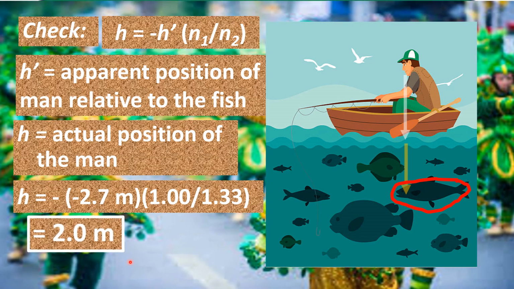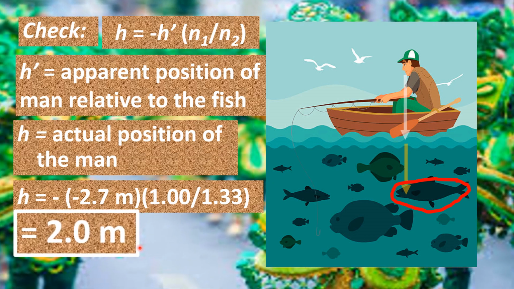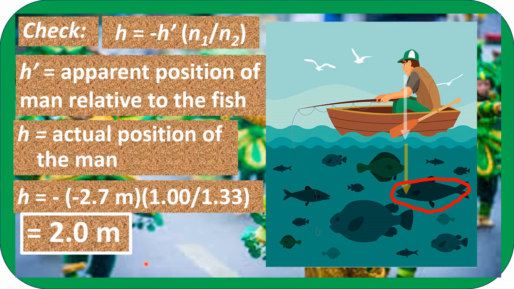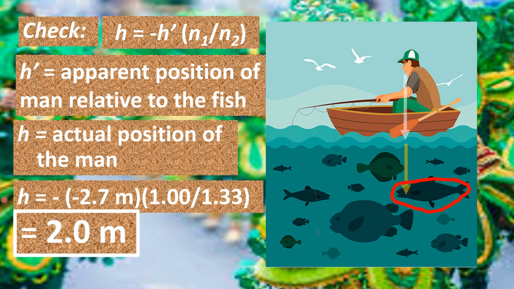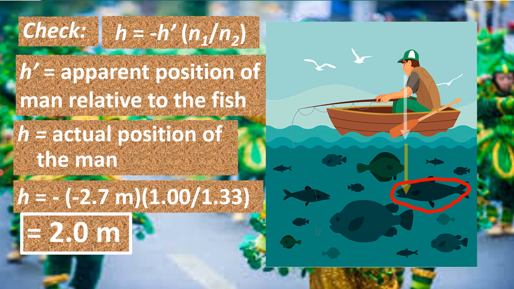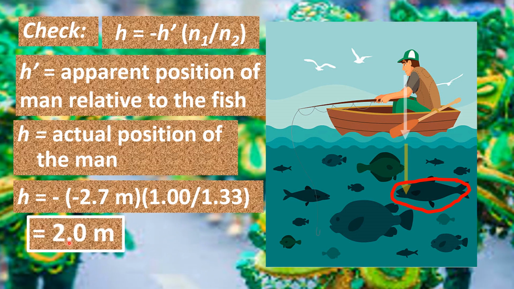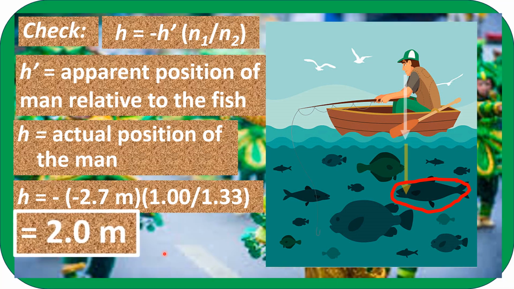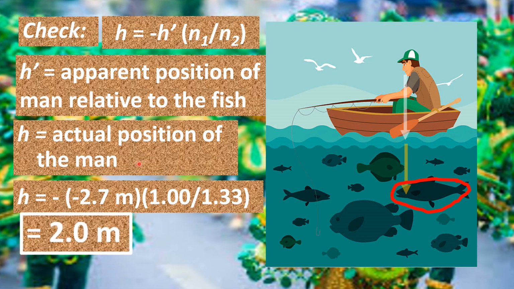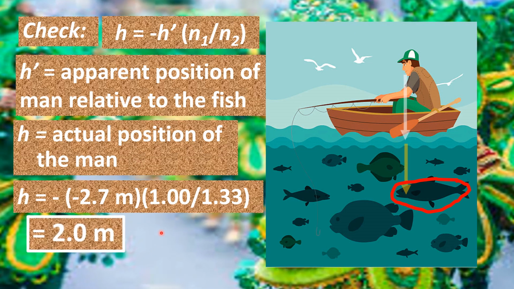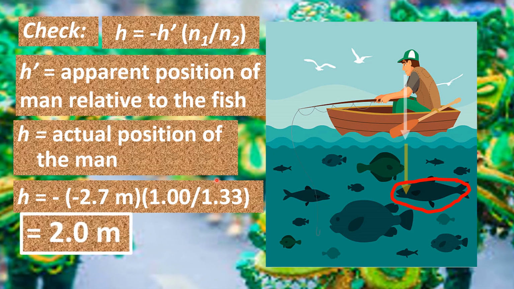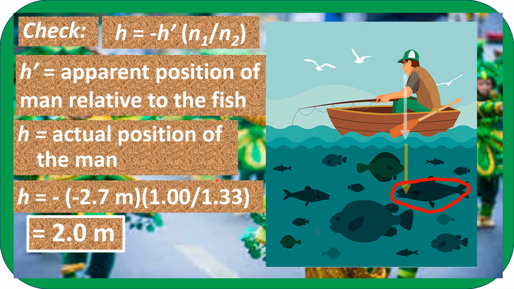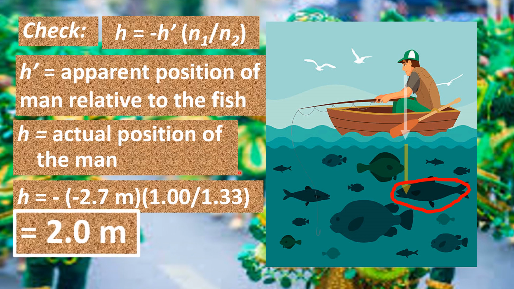So you will notice that the computed h equal to 2.0 meter was actually the apparent position of the fish when observed by the man.